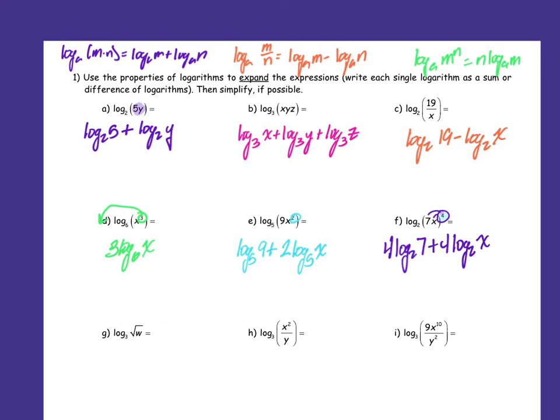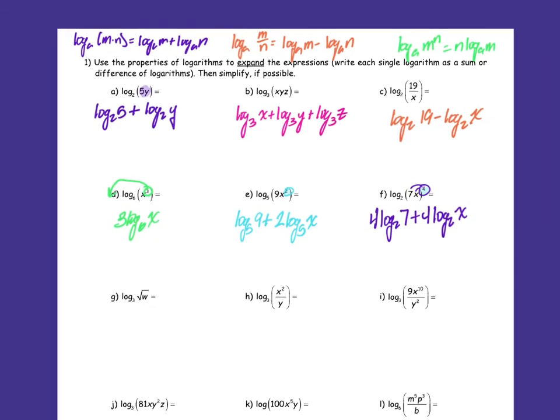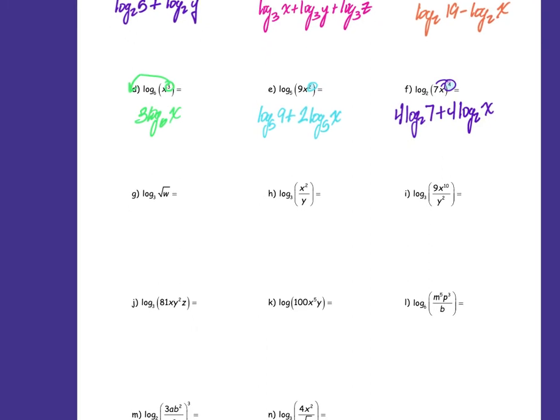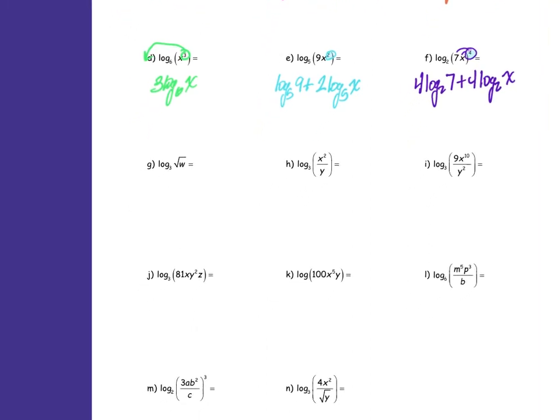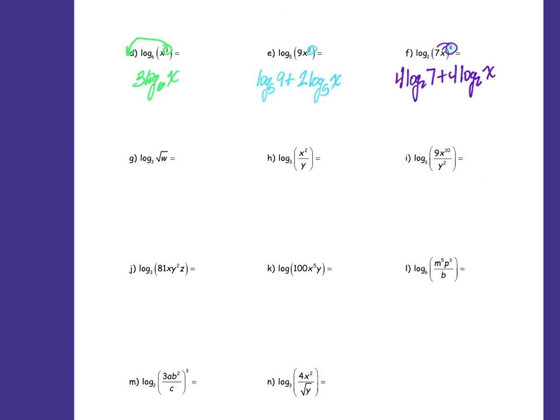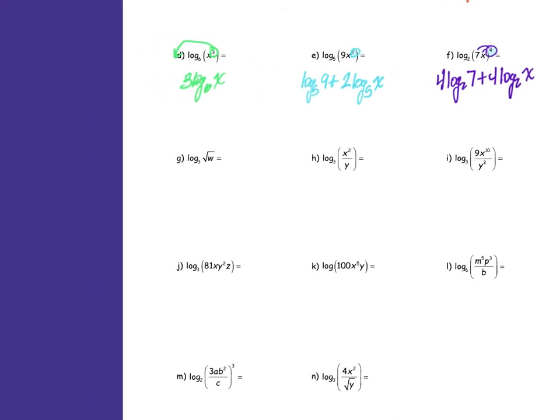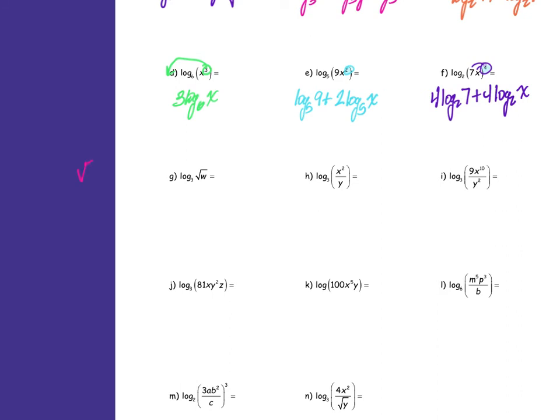Okay, so we're going to talk about the square root again. I know that we talked about it before, but unfortunately, we're going to have to talk about it again. If I have a square root, I want to rewrite it in exponential terms, as an exponent. How can I write the square root of w as w to what power?